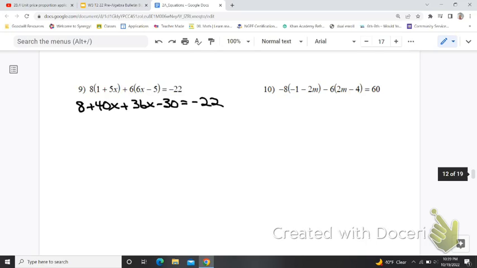And then we need to put our like terms together. So I've got these two that are variable terms, and I have these two that are constants. If you prefer, you could write negative 22 plus 76x.